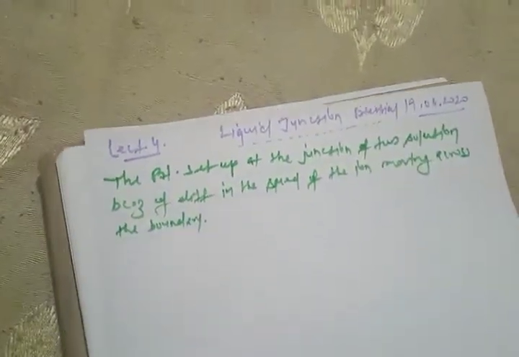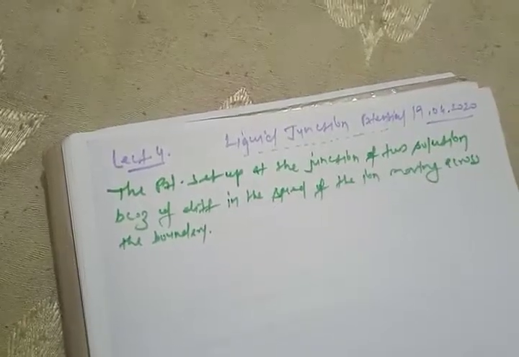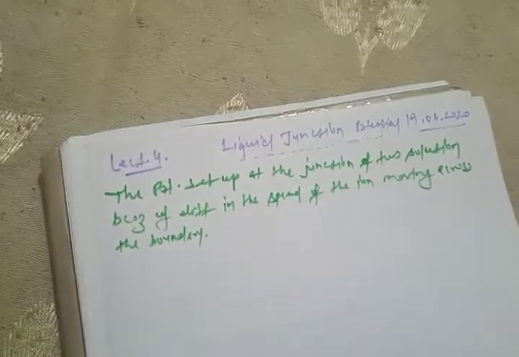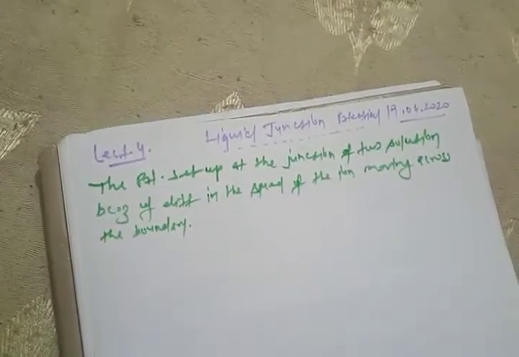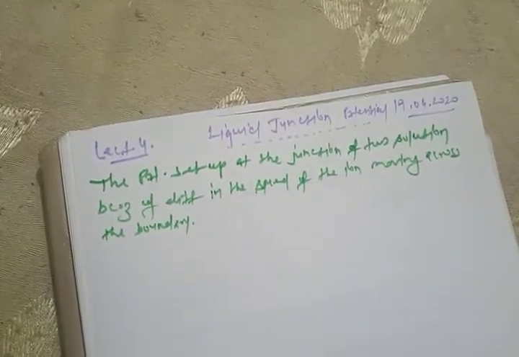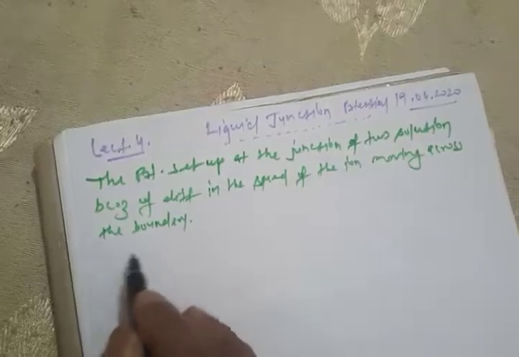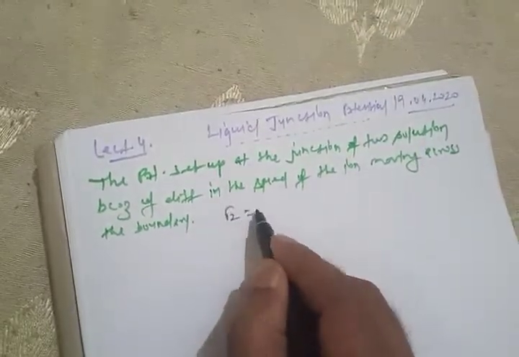So as we know, for any cell reaction, the EMF is the difference of reduction potential at the right hand side minus reduction potential at the left hand side. This is the value of EMF.